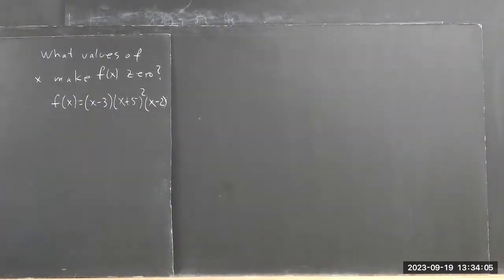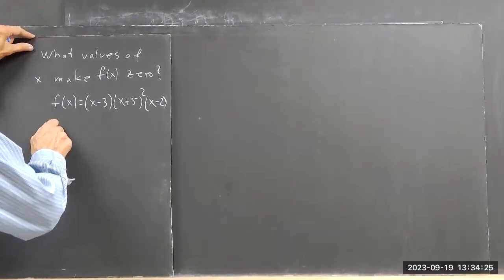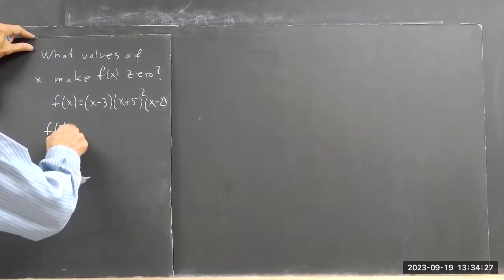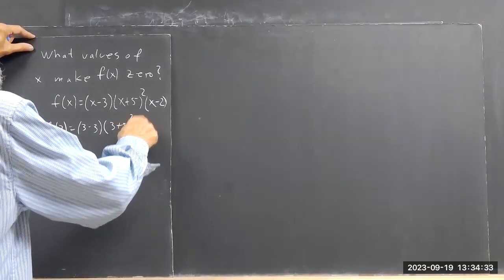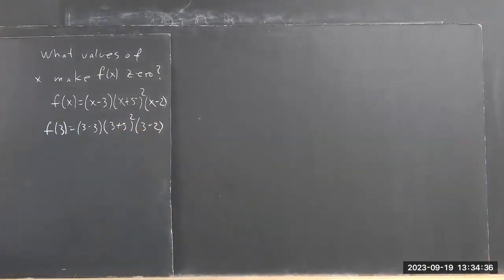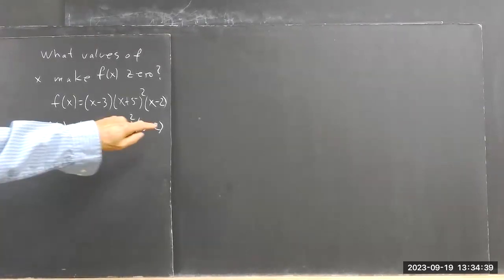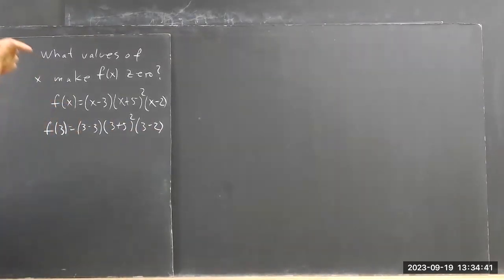Okay, so I see one vote. Somebody else, give me some numbers. Okay, I'm seeing 2 and I'm seeing 3, and those are both right. So let's look at it. If x equals 3, (3 minus 3) times (3 plus 5) squared times (3 minus 2).